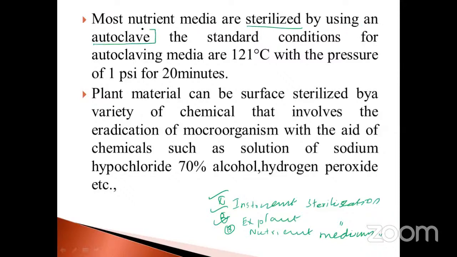I already told you, autoclave is nothing but a small instrument, otherwise called as a big size of cooker. Maximum it may be 25 liter. Big size of cooker model, very large in size.